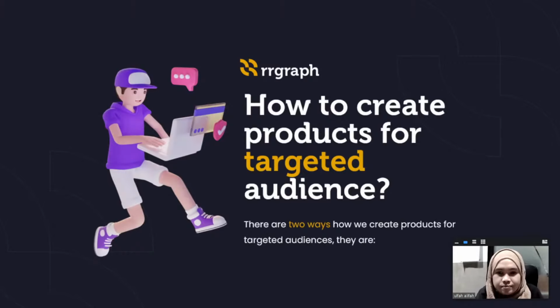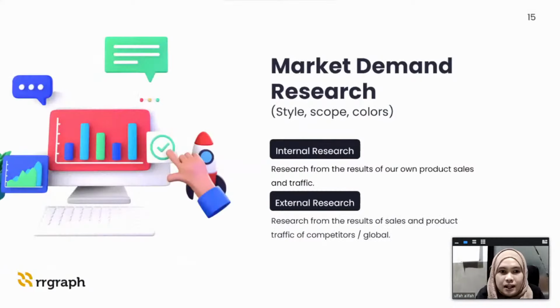Okay, so the first is you need to know about market demand research, like analyzing the style, the scope, and the colors. And the market demand research itself is broken down into two ways. They are internal research and also external research.